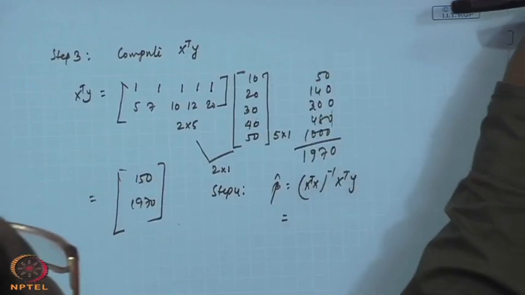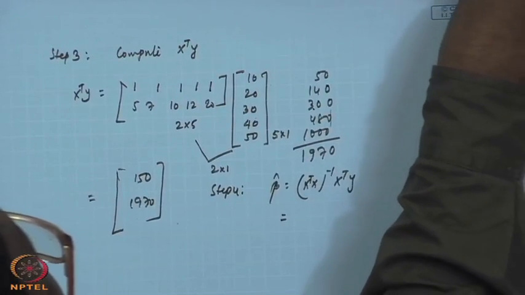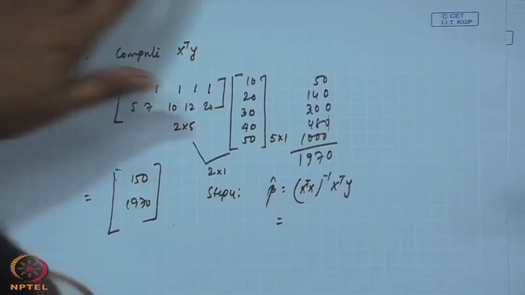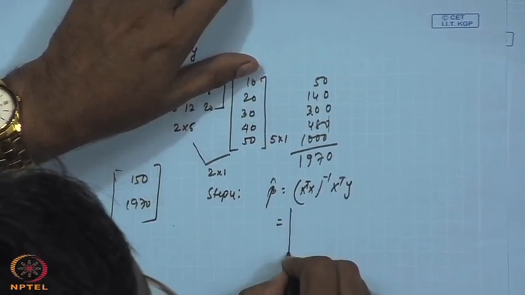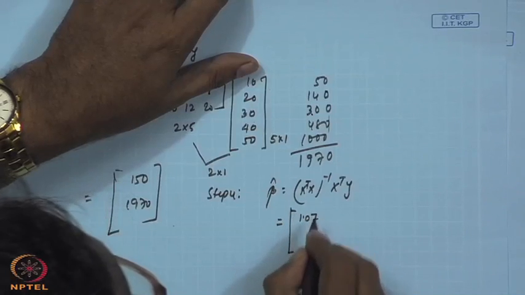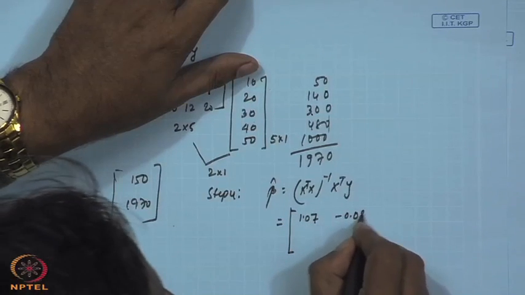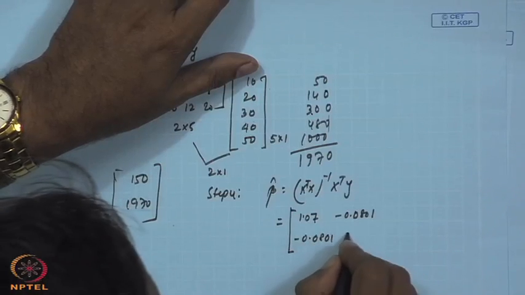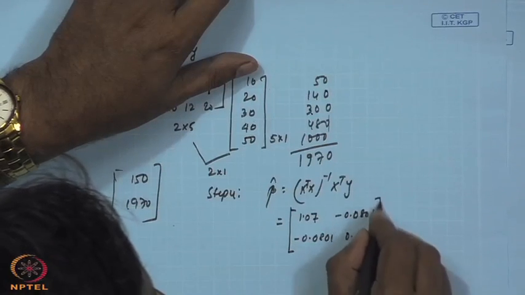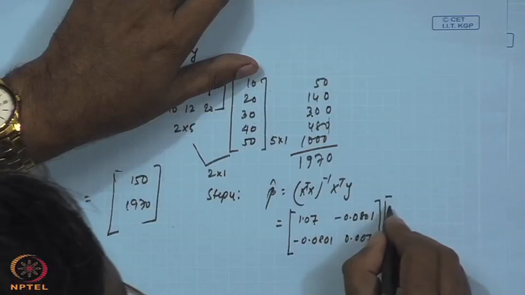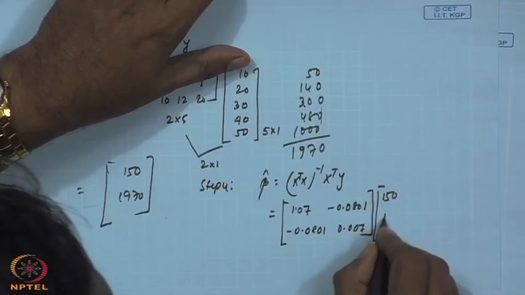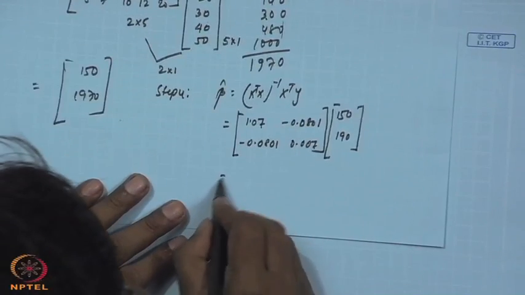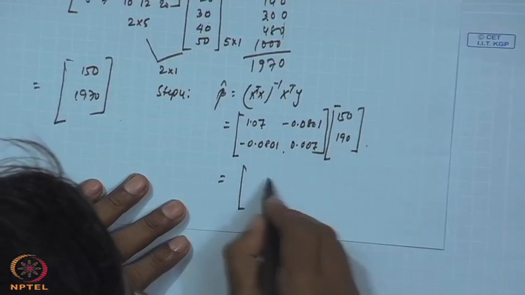We found out X transpose X inverse, yes, X transpose X inverse is [1.07, -0.0801; -0.0801, 0.007] into X transpose Y, which is [150; 1970].